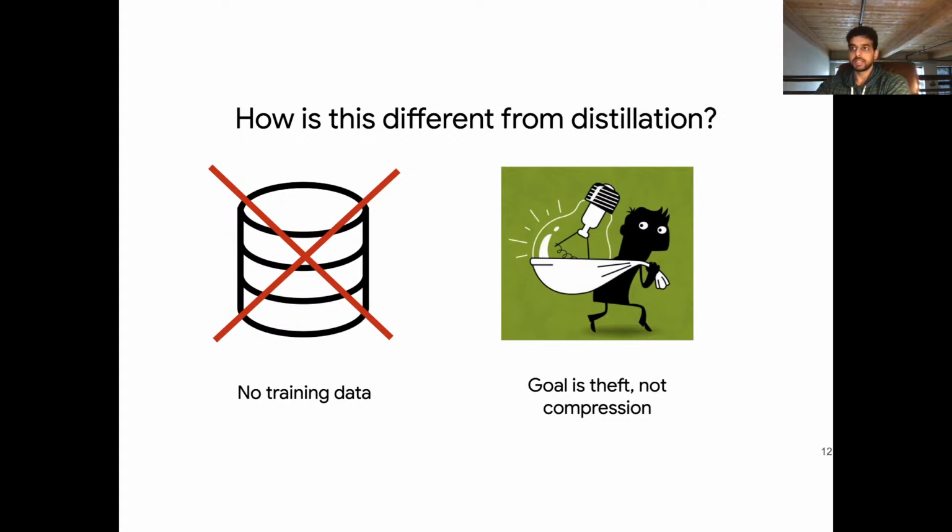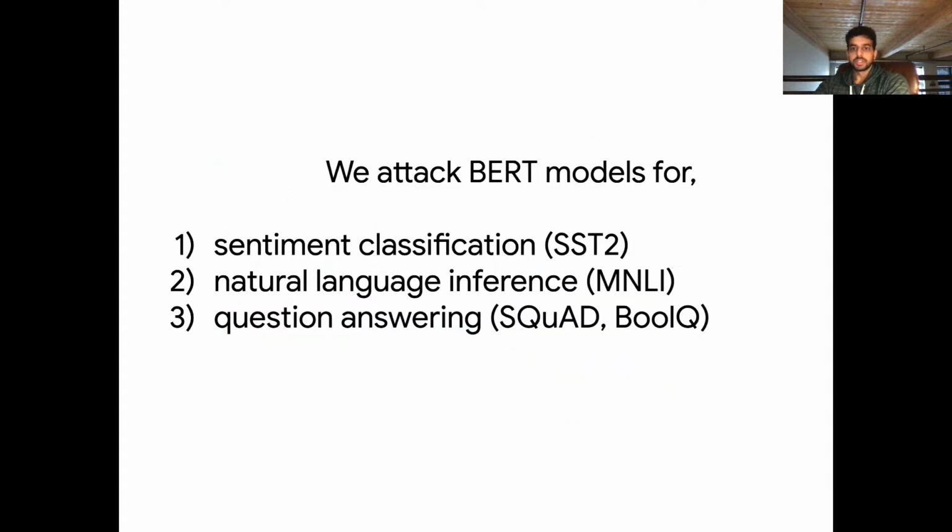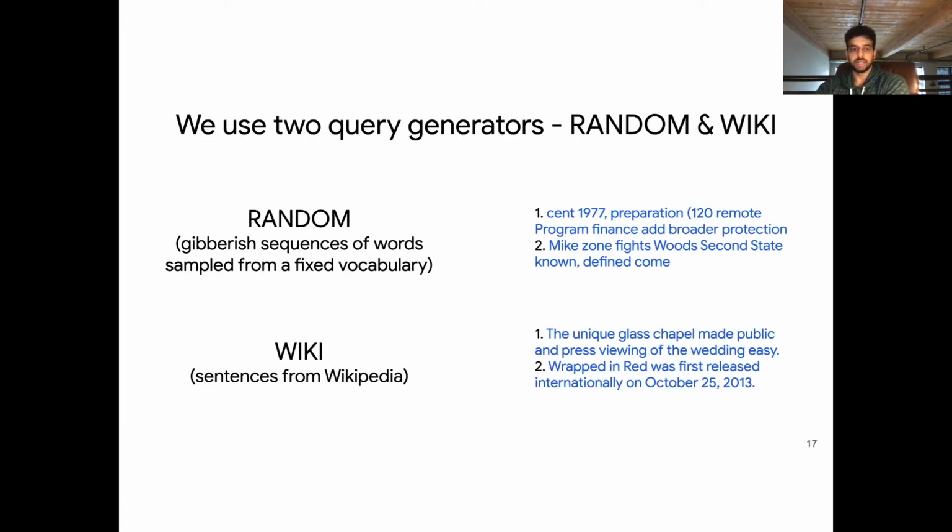like positive, negative sentence. And here, we don't care about compression. We're simply trying to maximize the performance of our stolen model. So in this paper, we tried it out for sentiment analysis, NLI, which we've seen before, and SQuAD style QA.